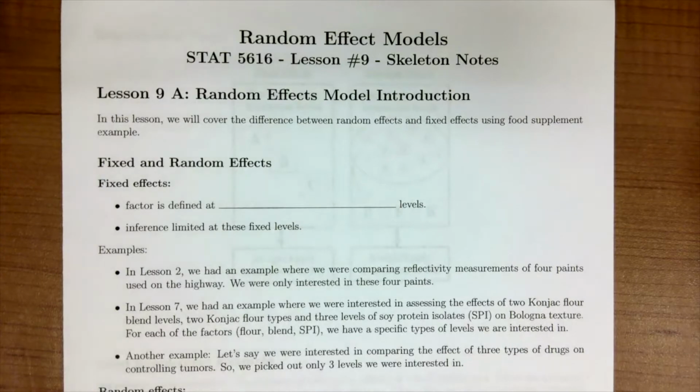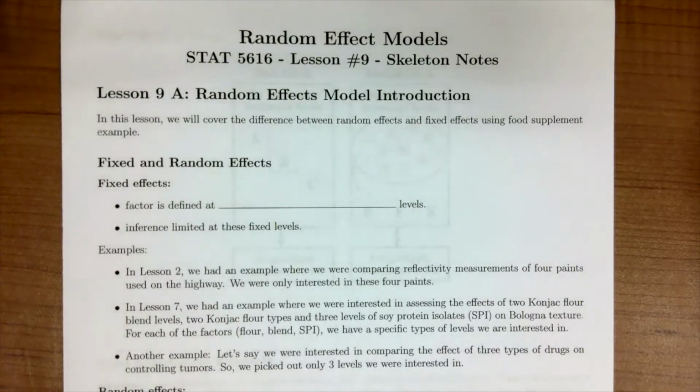As a foreshadow, all of our notes thus far have been focused on fixed effects. We'll put a definition on that in a second. The second video is going to focus on how you do the analysis and how the analysis is different. The third video is going to be the example and how to apply this to an example. So let's get started.